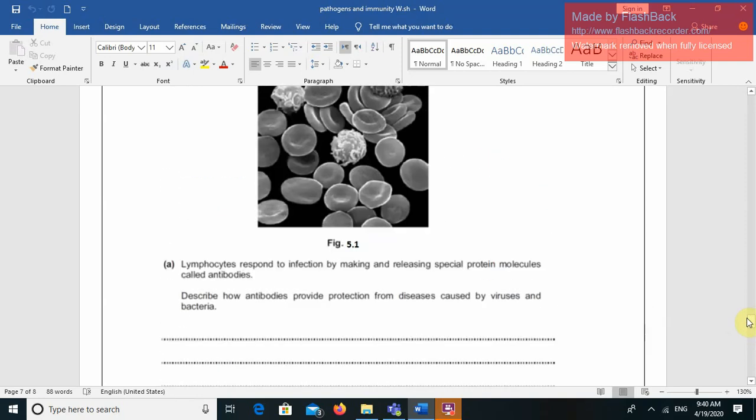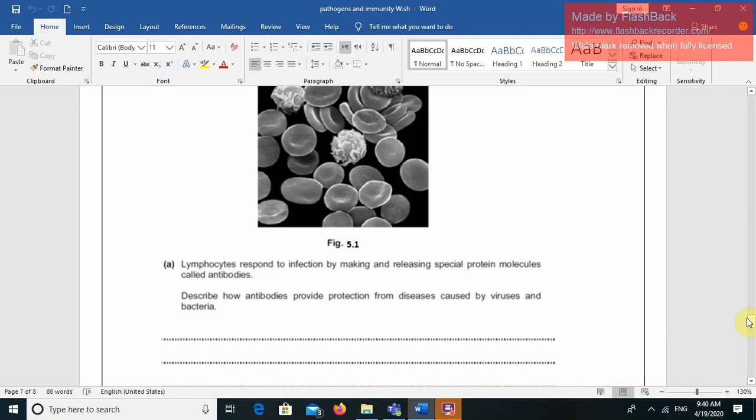The first question asks how a vaccine prevents the spread of diseases. The second talks about how the vaccine provokes the immunity. Now the immunity has been provoked, and this question talks about how antibodies, after they are produced, provide protection from diseases. So this talks about how antibodies work.